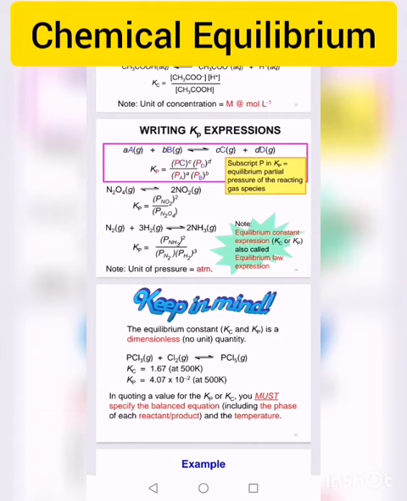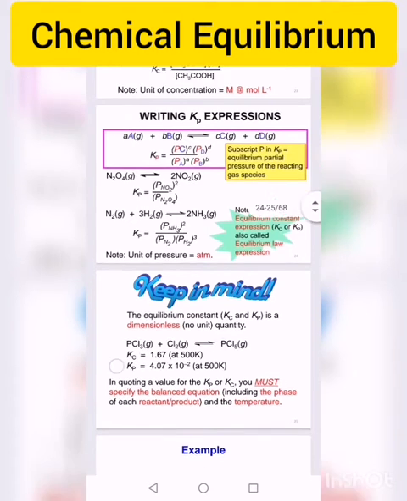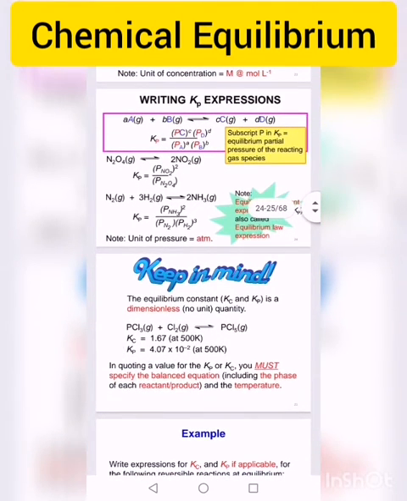Before, the unit of Kc was molar, mole per liter. And keep in mind, as a reminder, the value of Kp and Kc must be specific to the balanced equation, and then consider the phase also.